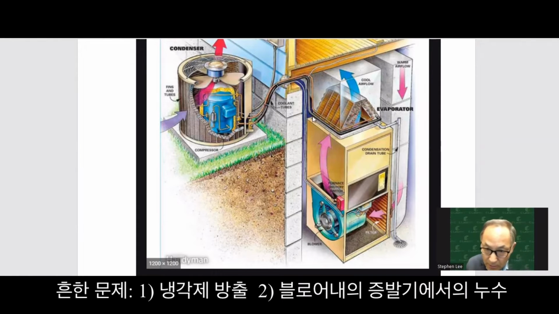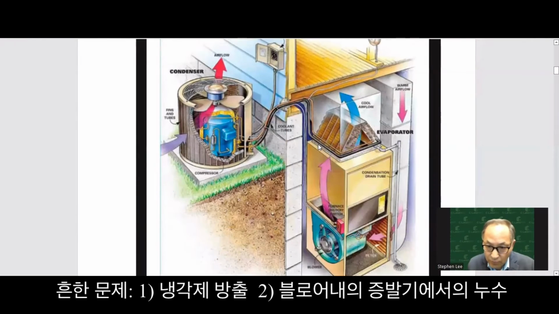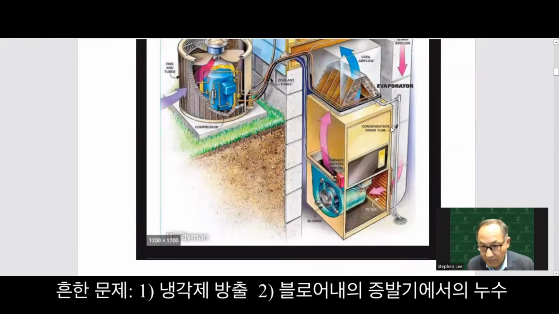You can imagine. Look here, there is a pan. We call it a drain pan. This drain pan collects the water, and it has a drain pipe. See that? It goes out, and if it is located in the basement, it's easy. It goes to the ground or a drain pipe further down.